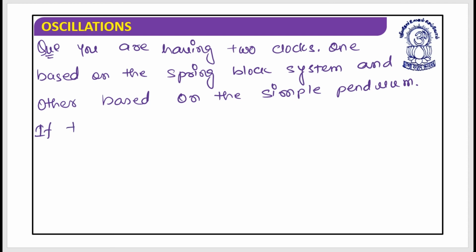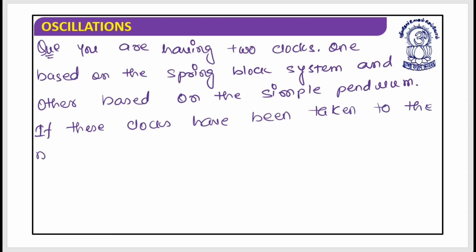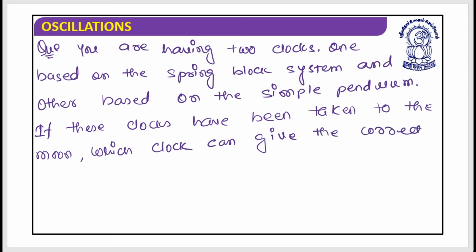If these clocks have been taken to the moon, which clock can give the correct time?